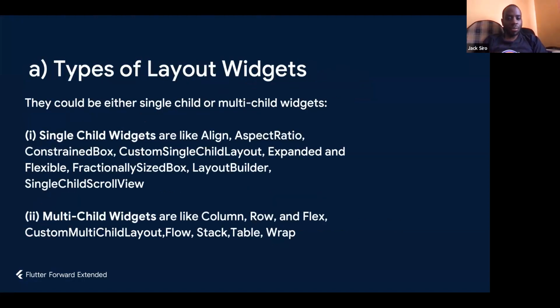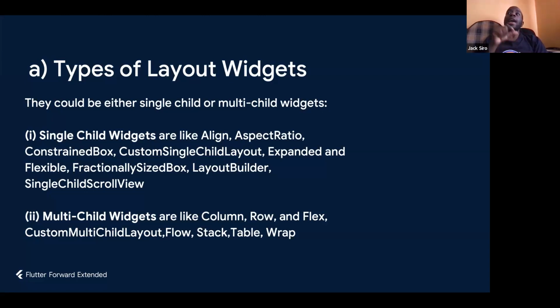When we look at the types of layouts, we find that there is a single child layout, which I already mentioned some of them, and then there's the multiple child layout. Now, let me talk about the single child scroll view. It is one that I normally use most of the time, because assuming I need to show a grid, and at the same time, I also need to show a list view, I need to show all of them in just one widget, for example, a column.